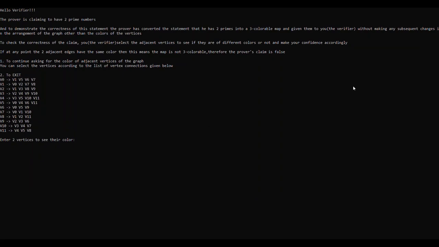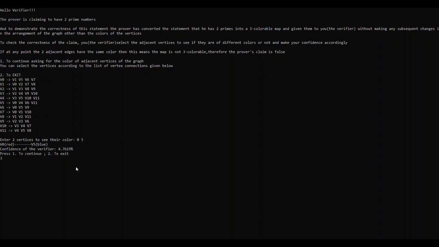Now I have changed the two prime numbers given by the prover and not known to the verifier, so that they are not both prime numbers, and because of that we get a different graph. Again, if we choose 0, 5, they are connected and of different colors, which increases the verifier's confidence of the correctness of the proof.